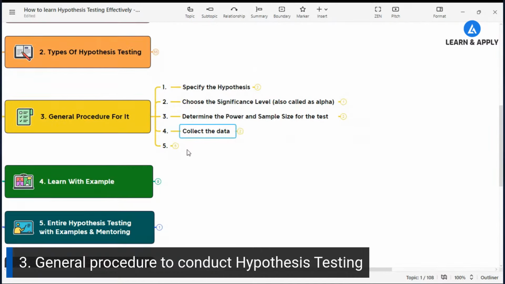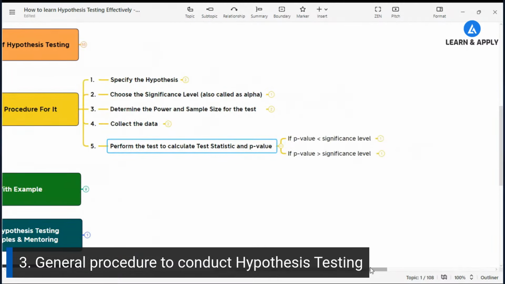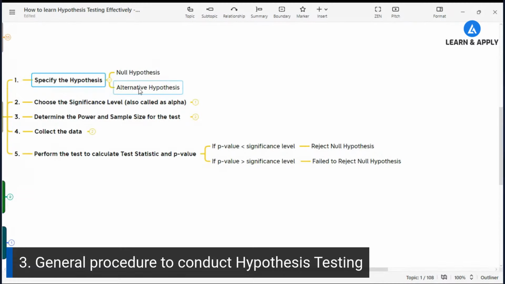Okay. And the last part is to compare the test statistic with respect to the p-value. If the p-value is less than the significance level, we reject the null hypothesis. And if the p-value is greater than the significance level, we fail to reject the null hypothesis. That means whichever decision we take, we have mentioned in the null hypothesis and alternative hypothesis.